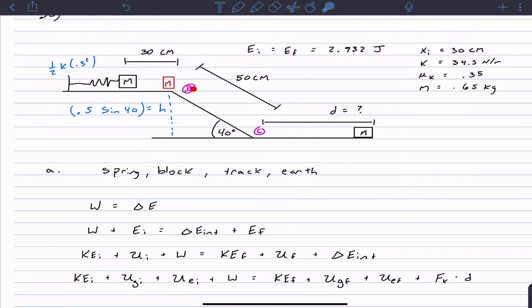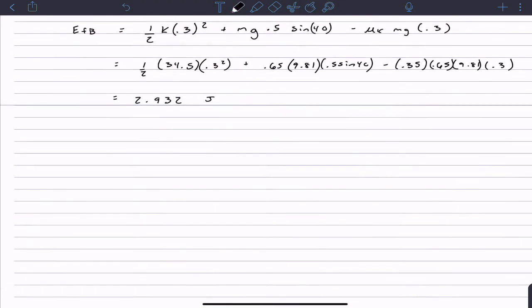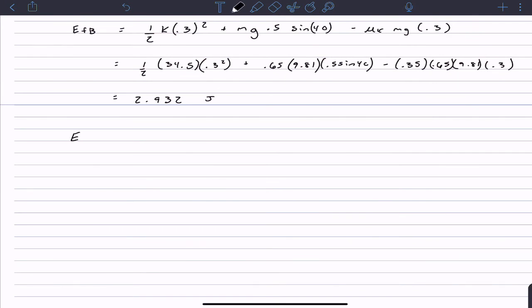So now, that was easy. Now we can use this energy that we know initially is 2.932 joules, and this thing is going to travel along a friction coefficient, and then it's going to come to a stop. So we can use that information to find the distance. So we will say E initial C plus, let's call it initial work.